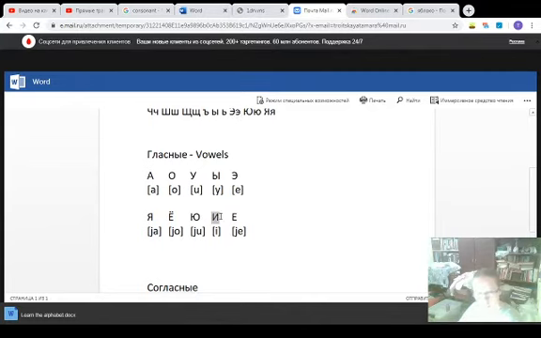And e we don't call ye. For example, we have the word история, and it means history, and the letter e stands at the beginning, and it sounds like история.